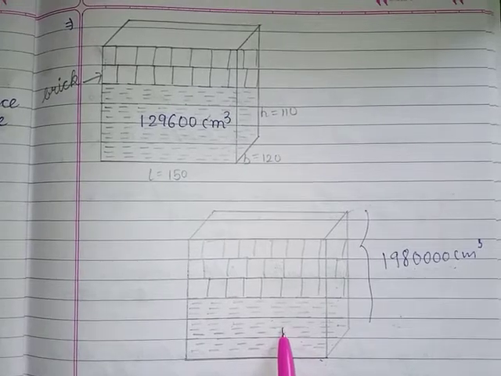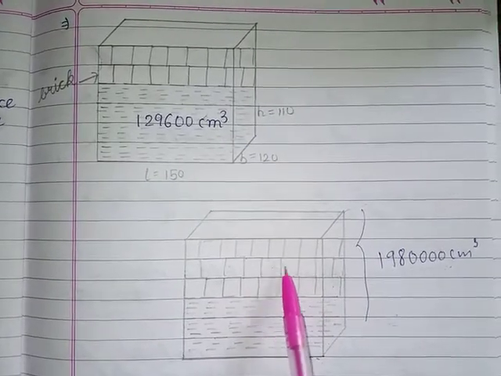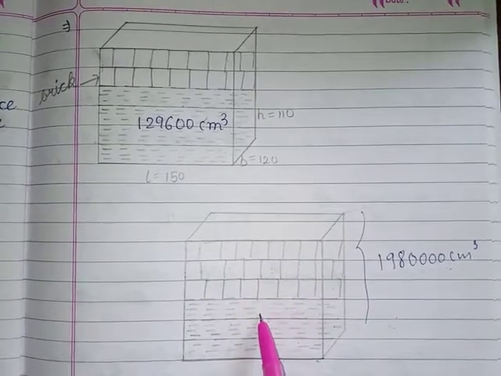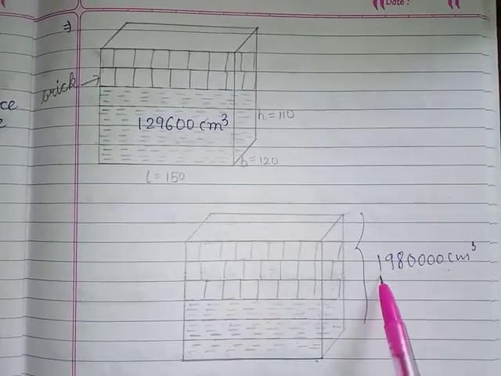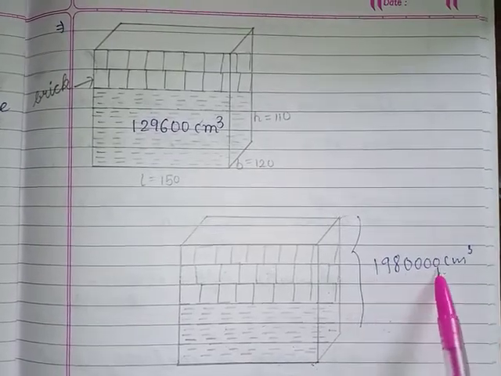Plus the volume of n bricks. So the volume of n bricks plus the volume of water left in the cistern will be equal to the total volume of water that can be occupied.